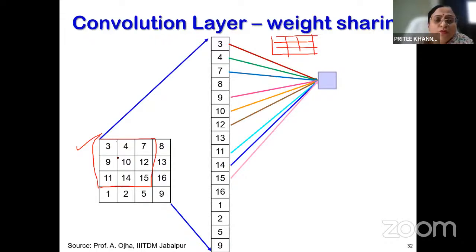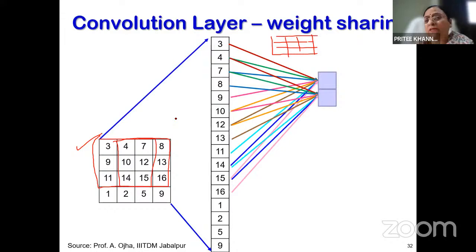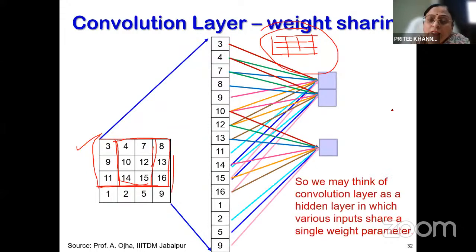Now, when you move it here, what will happen? Now these 4, 7, 8 and these 9 pixels will participate. Whether you are talking about these 9 pixels or those 9 pixels, the weights are the same.